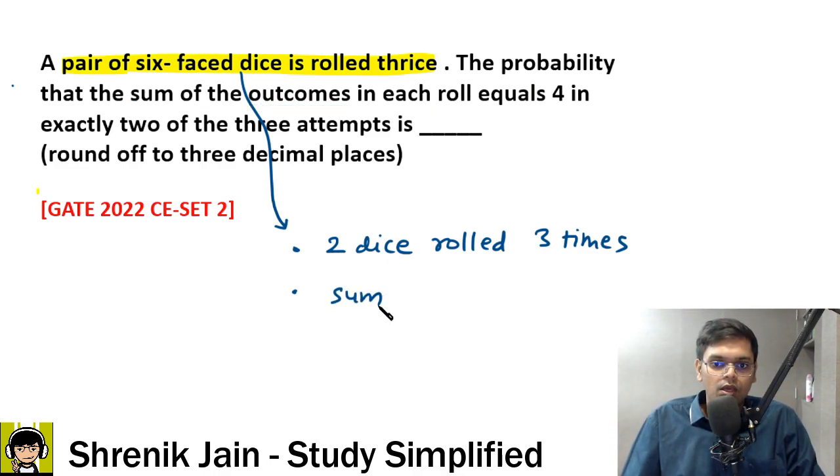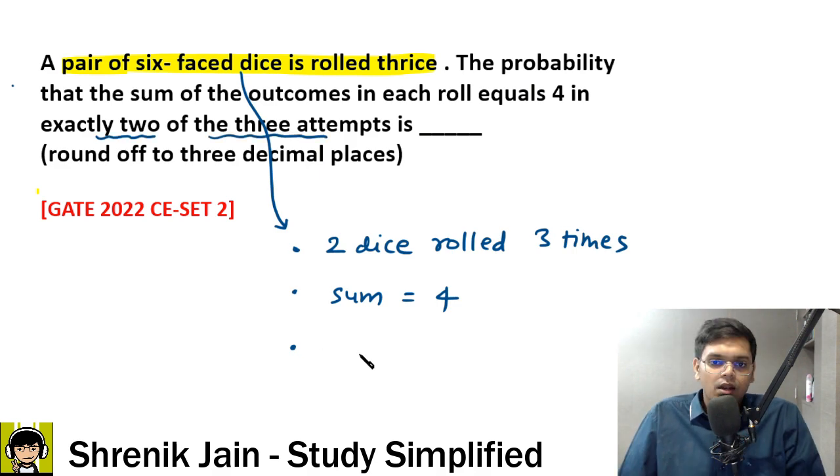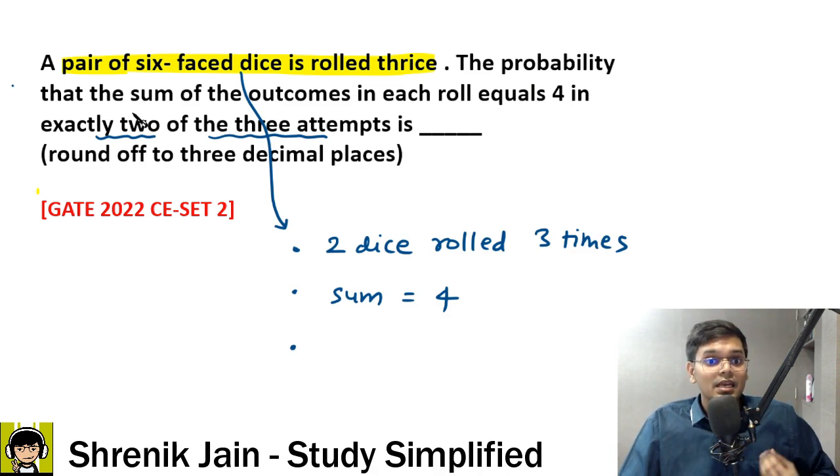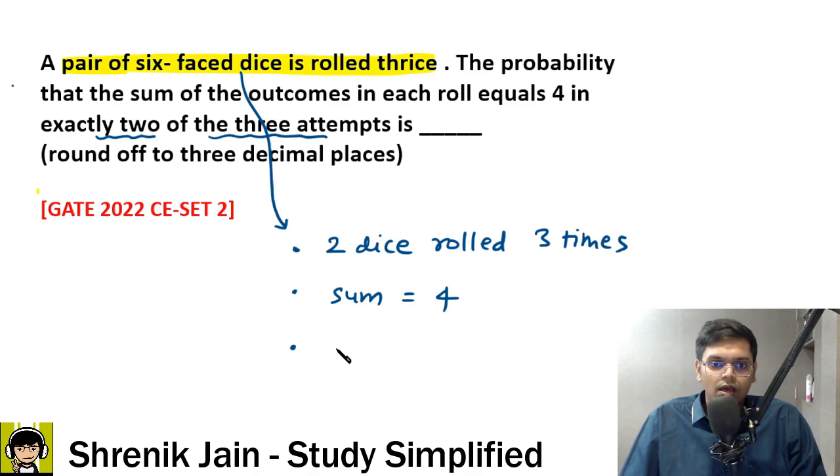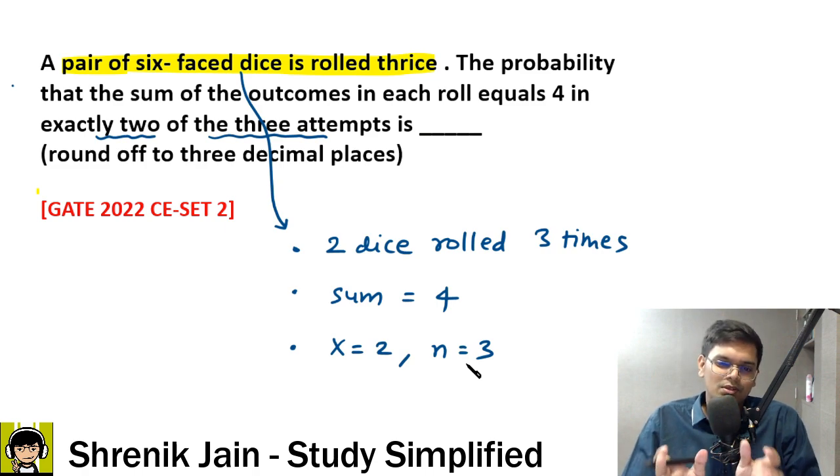The sum of the upper faces of the 2 dice should be equal to 4. They need this exactly 2 times out of 3 attempts. So exactly 2 times, x is equal to 2. The number of trials is 3, so n is 3. I hope you understood this scenario.